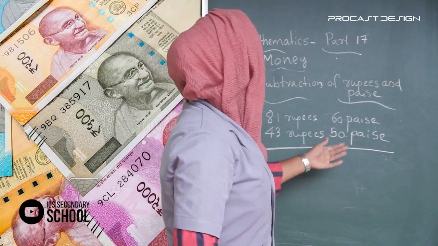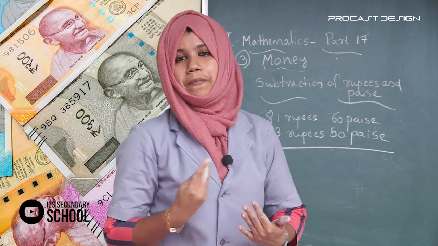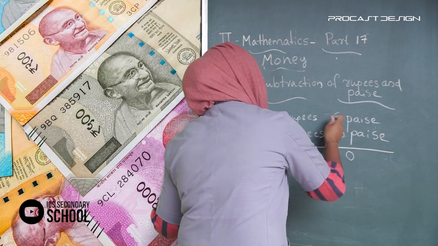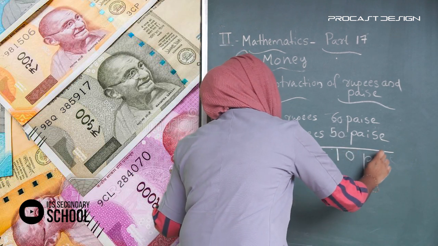Okay, so here the first step is we subtract the paise column. So 0 minus 0 is 0, 6 minus 5 is 1, 10 paise.